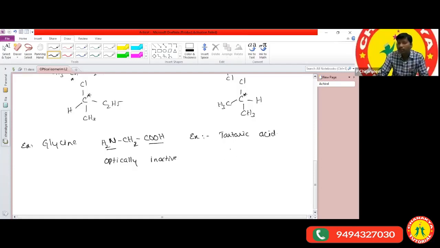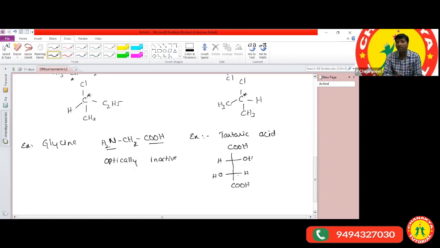Tartaric acid, we can write as COOH bond H OH, then OH H bond COOH. In this one, my question is, how many chiral centers are there in the given compound?